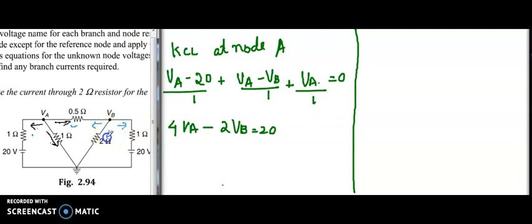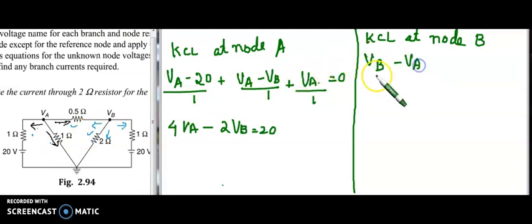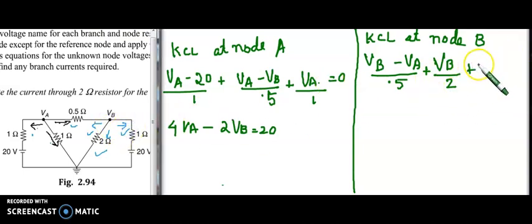We can consider the current flowing away from the junction at node B. First we can write this current as VB minus VA by 0.5, plus, next we can write this current, that is VB by 2, plus, next we can write this current, that is VB minus 20 divided by 1 is equal to 0.